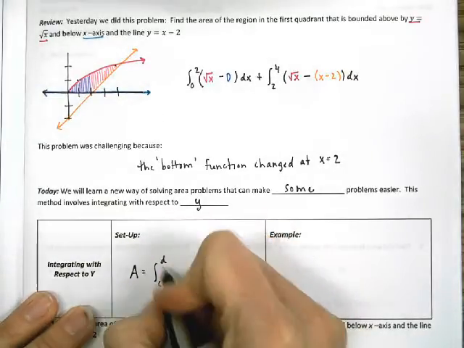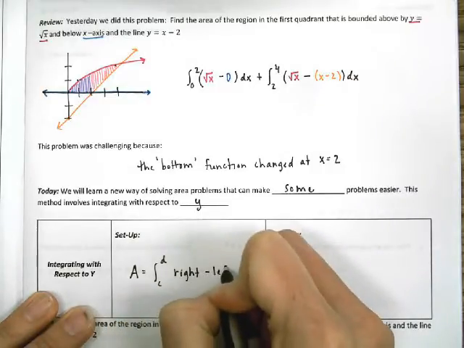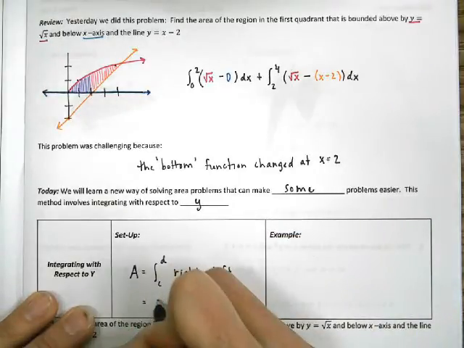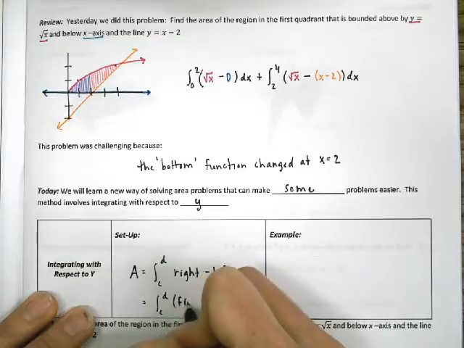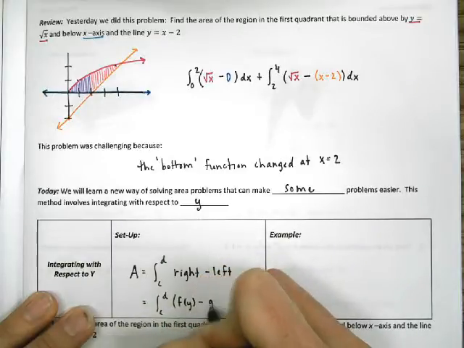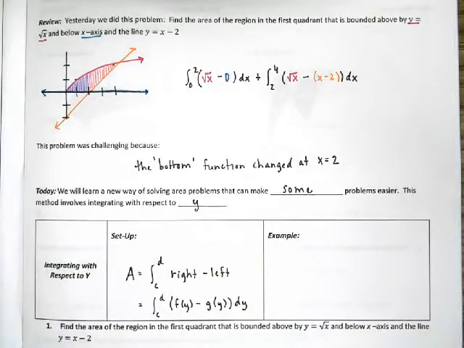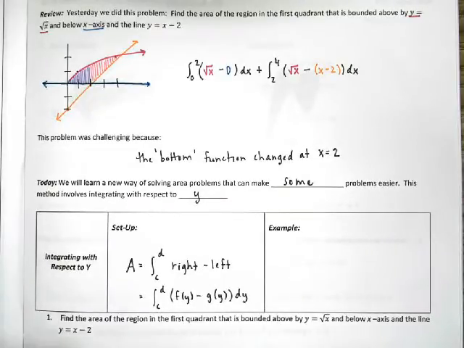And what we're going to do now is right minus left. So it might look like this. Integral from c to d of f of y minus g of y dy. So a couple things that are important here.